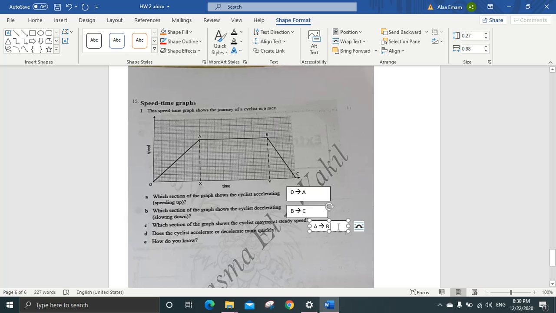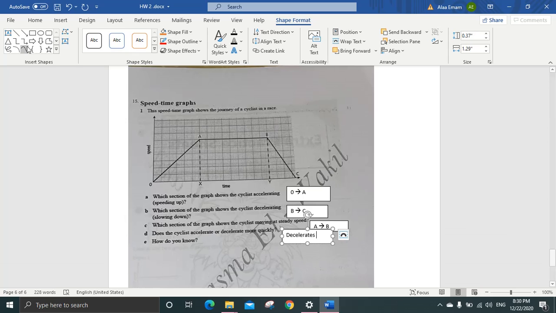Does the cyclist accelerate or decelerate more quickly? Now, the more the steepness of the line, the higher the rate of change. So actually he decelerates more quickly. Why? Because the steepness of the line BC is higher than the steepness of the line 0A.